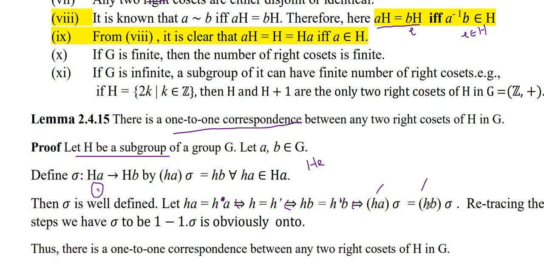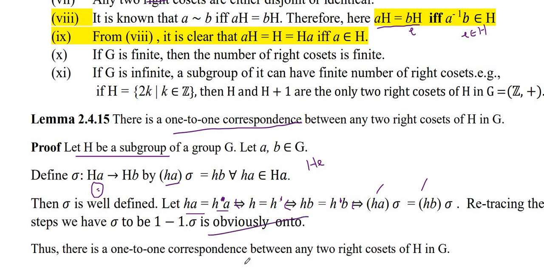It is the right cancellation law we have used here. So this must be HA is equal to H prime A. We have to multiply both sides by A only. So by retracing the steps, we get sigma to be 1-to-1.